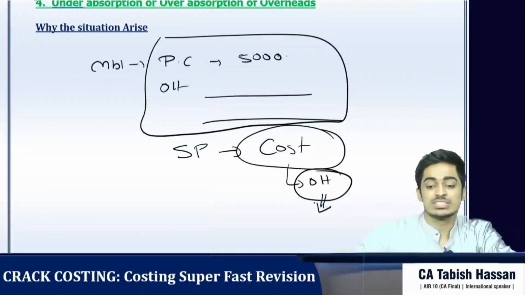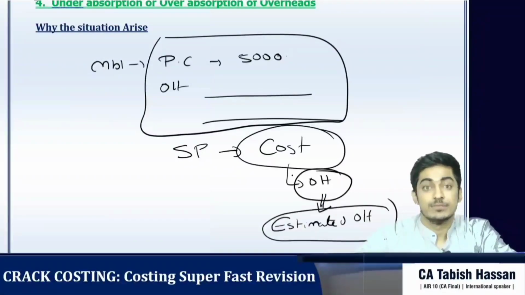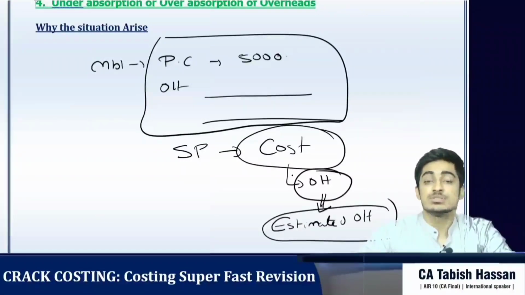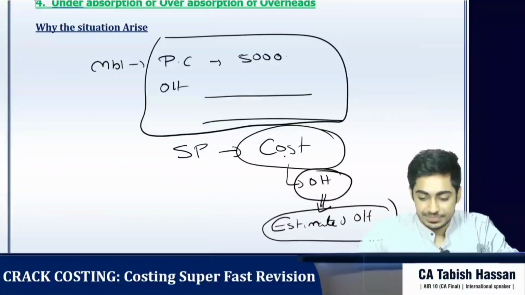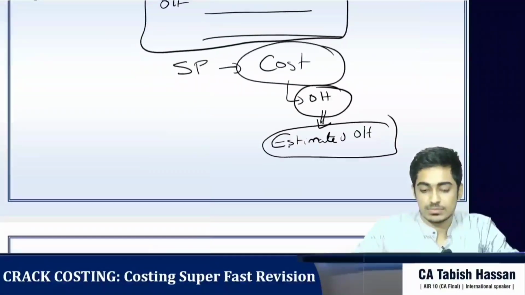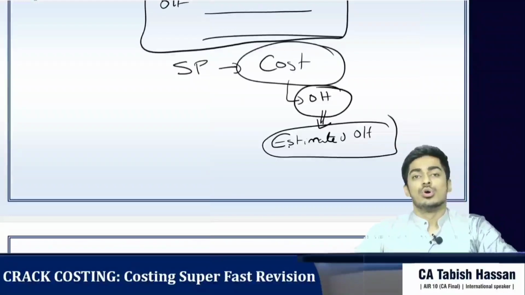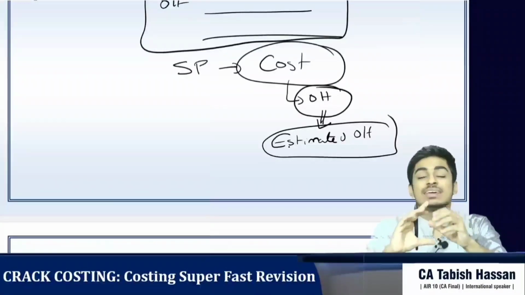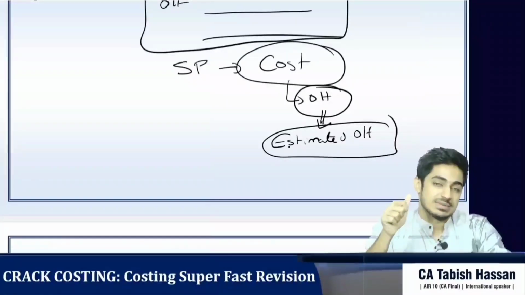So what we do in such a situation is we take an estimated amount of overheads, we compare it with the basis, and based on that we calculate the overhead recovery rate. So that's how we do it. So overheads would mostly be calculated on an estimation basis.